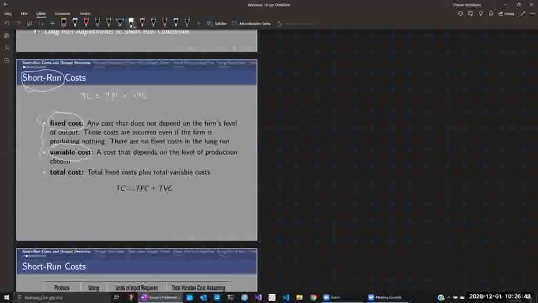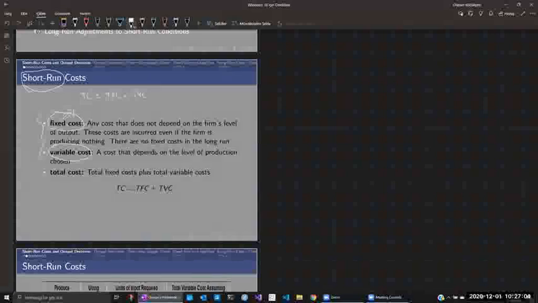And when we speak about fixed costs, the first thing that you should know is that in the long run, there are no fixed costs, because the long run was a period of time in which every factor could be changed.